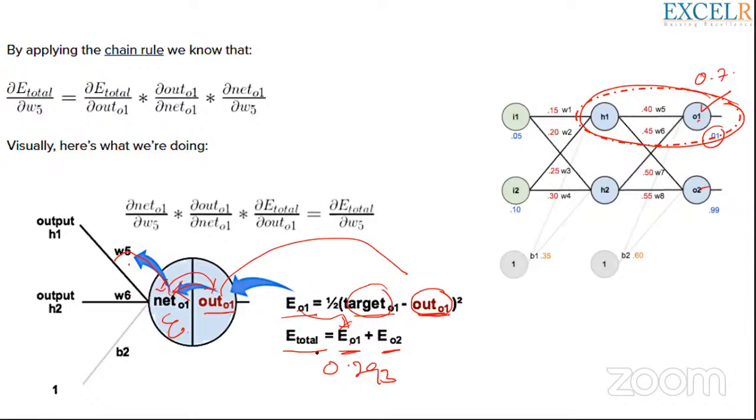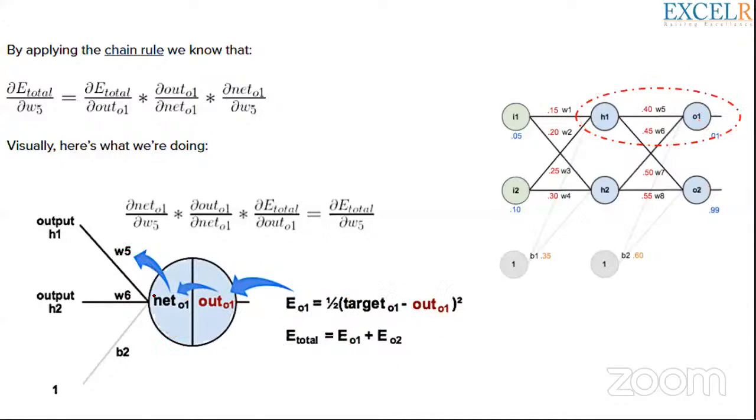Now, in order to identify how much the error is going to change when you change W5, you have to link all of the components in this path. How do you do that? The rate of change. So in a nutshell, if I change W5, what is the effect on this net01?